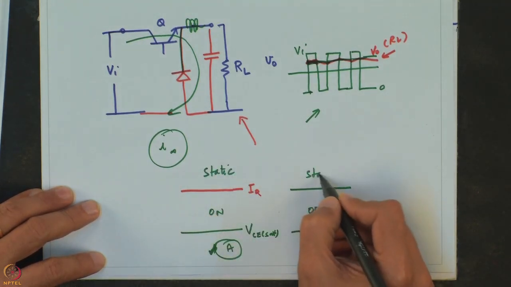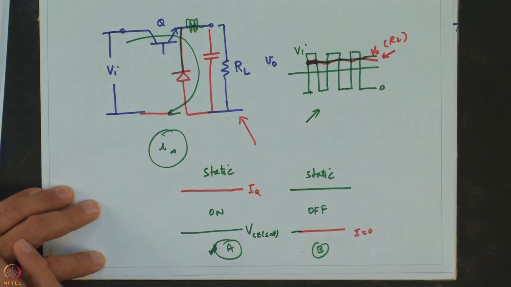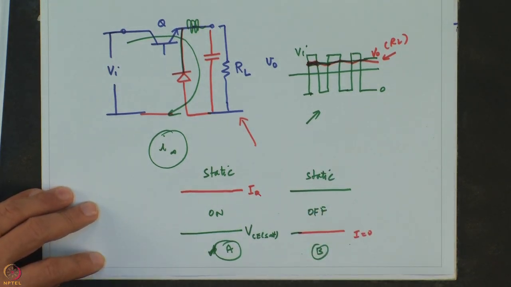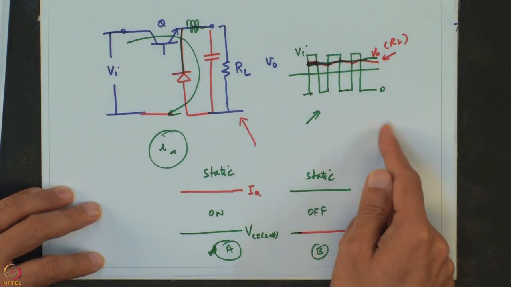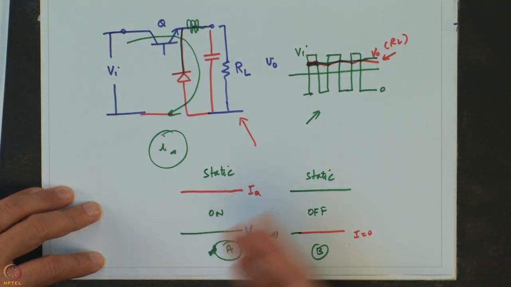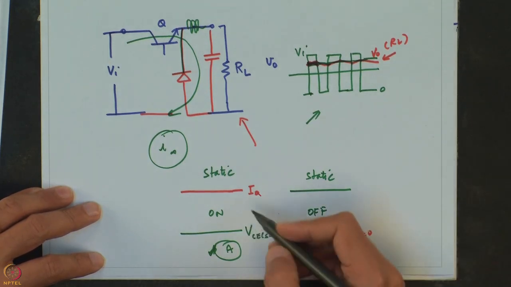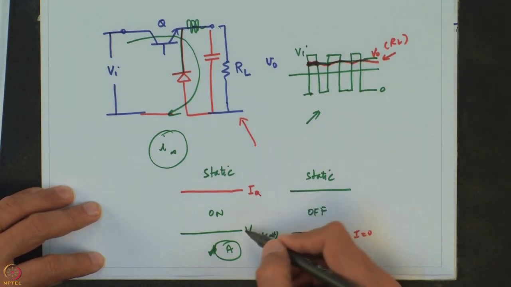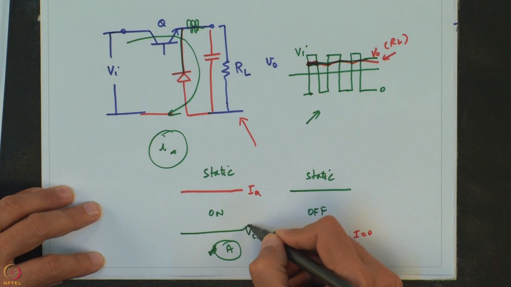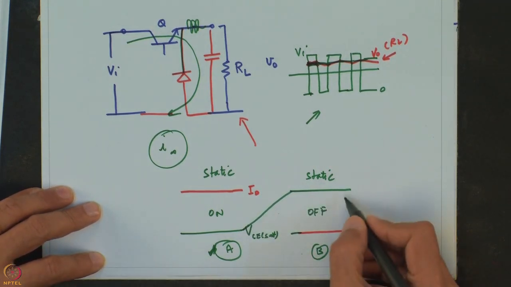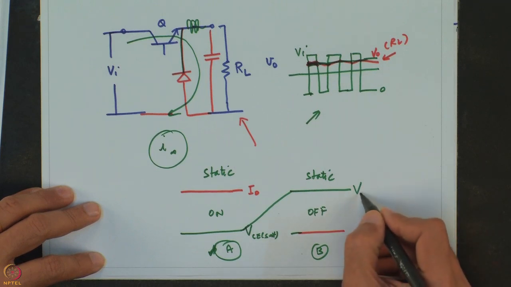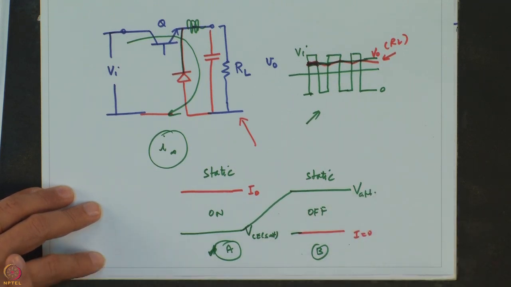So, these are static characteristics, or we can say this is the static performance of the switch Q. But when we go from one static state to another static state, like for example this VCE sat, the moment the device turns off, the voltage has gone up. So, this is the voltage that it is blocking, the applied voltage.